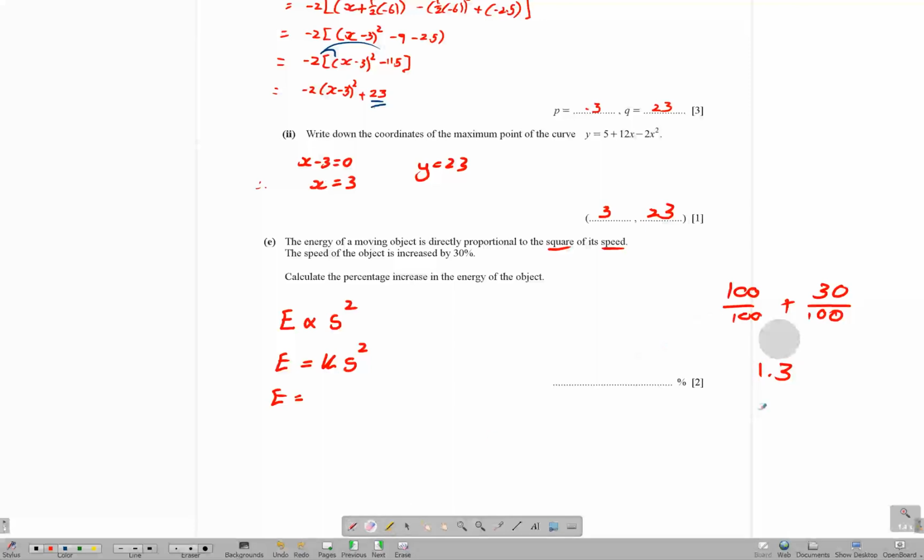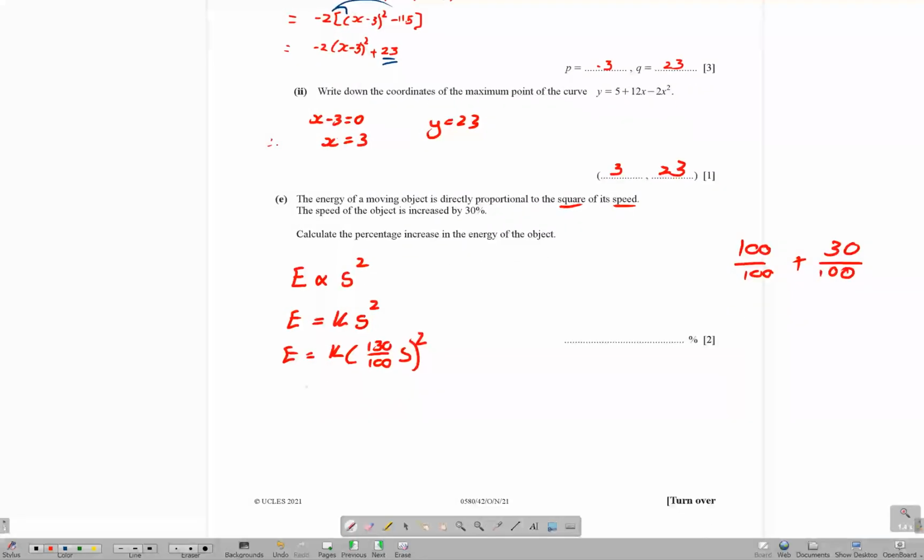Okay, so I'm going to go with percentages. So I'll say that this is 130 over 100 because it's 130% of my original speed. So we have k times 130 over 100, and then s is still squared.